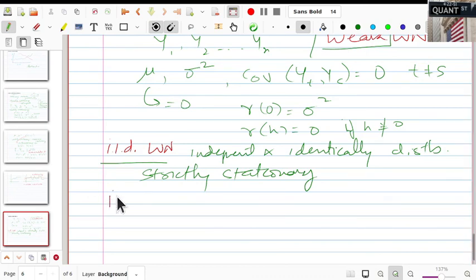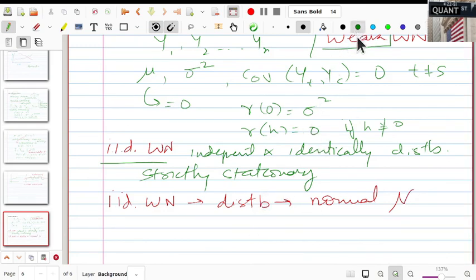If this IID white noise process has a normal distribution, then this process is called a Gaussian white noise process.